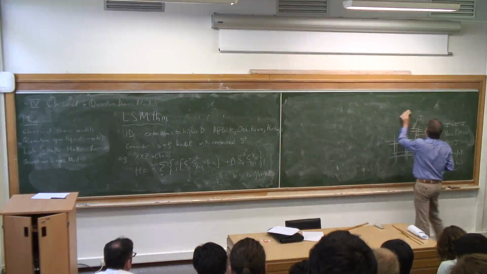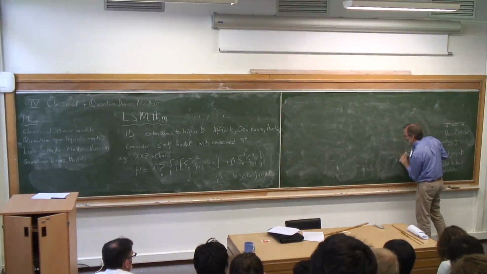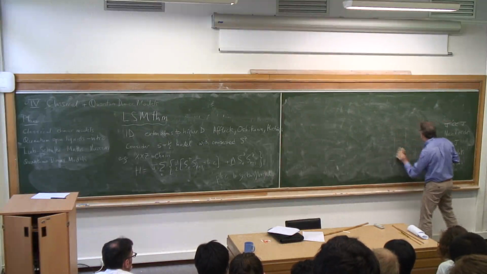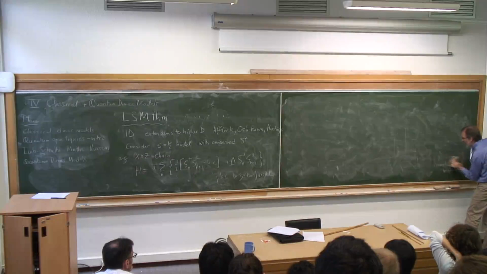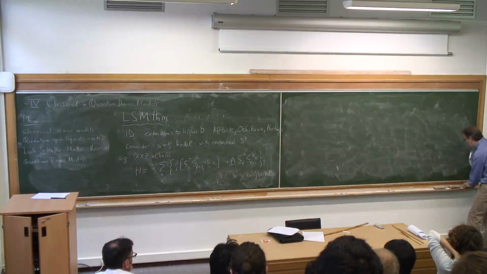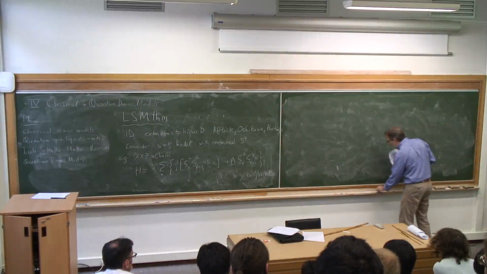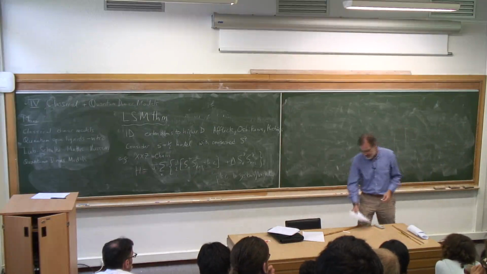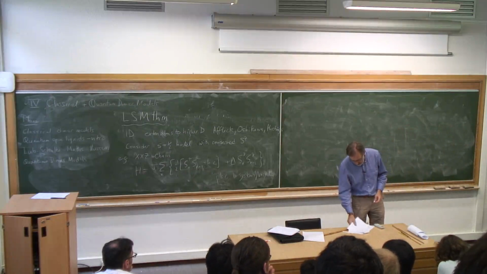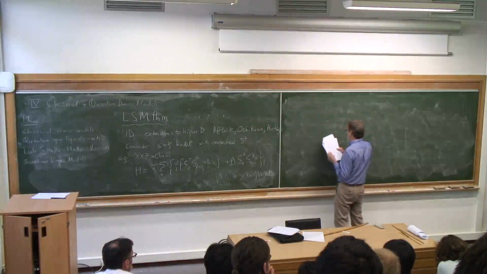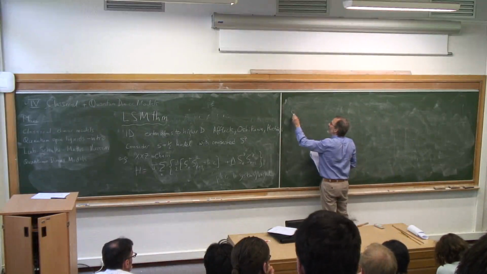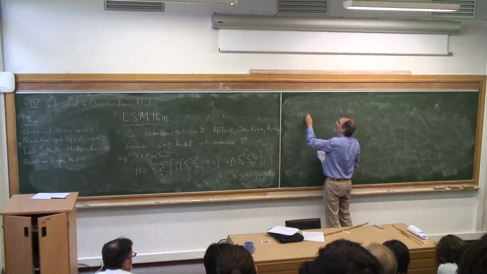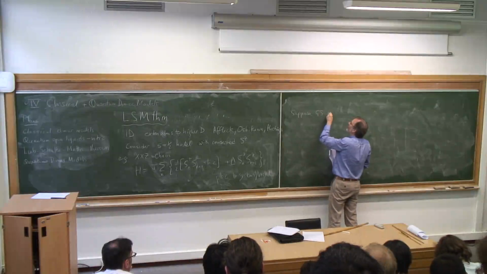And what the argument will do for us is show that we can't have a ground state that's isolated from all of the other states by an energy gap. So, first of all, if that's what we're trying to show, we can assume that the ground state is unique.